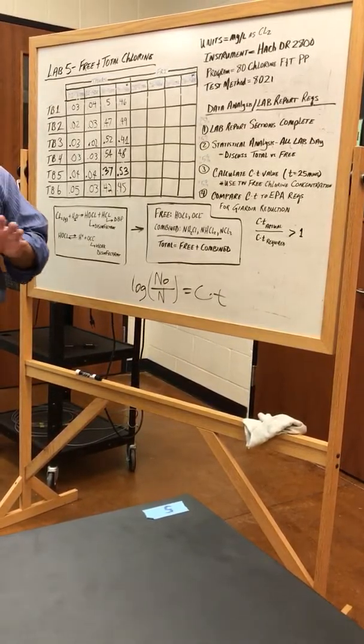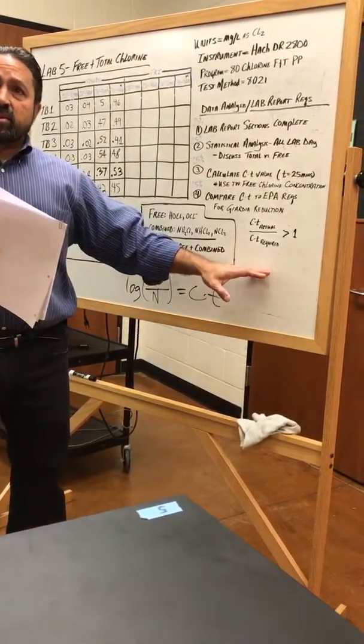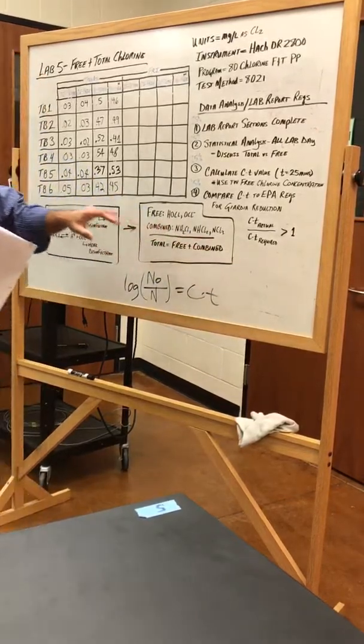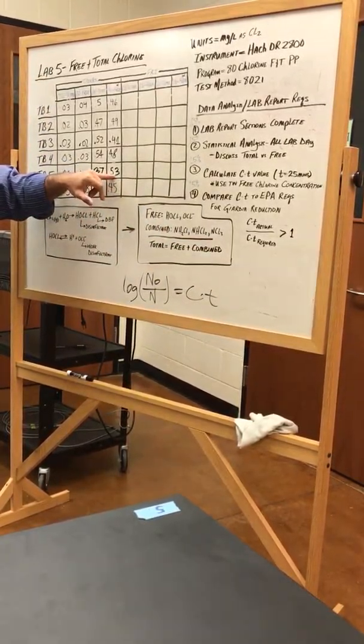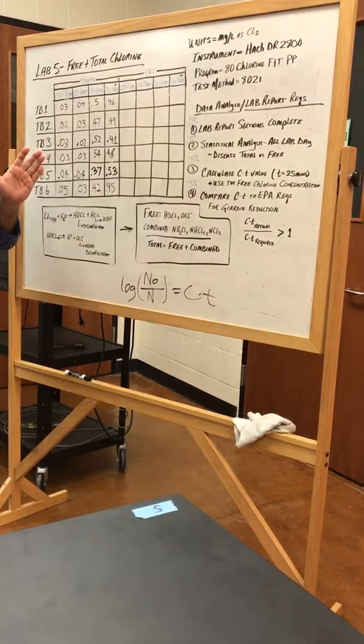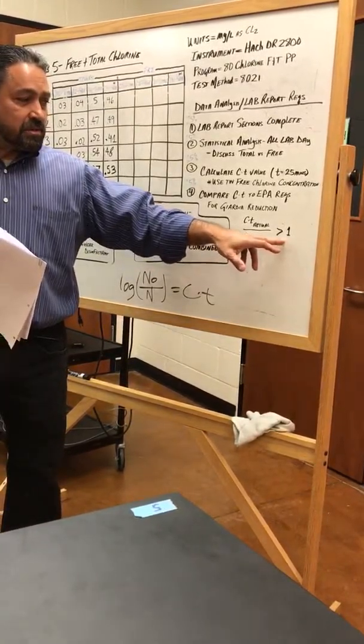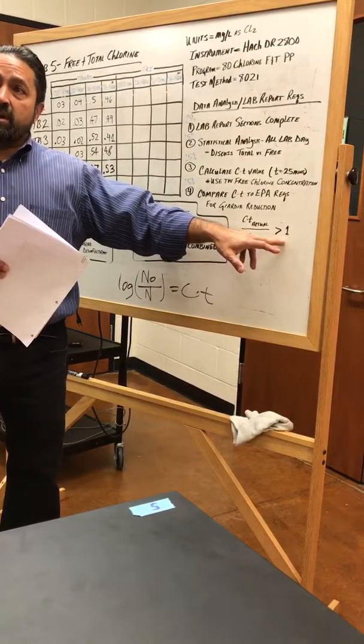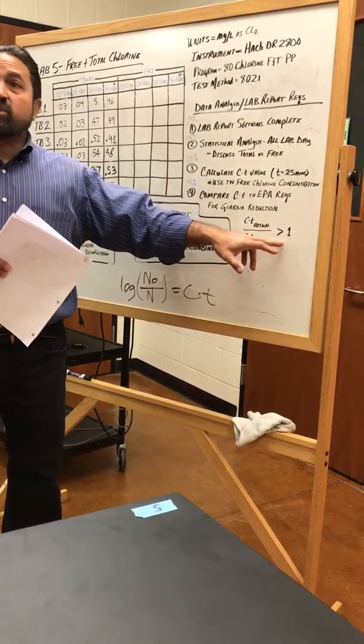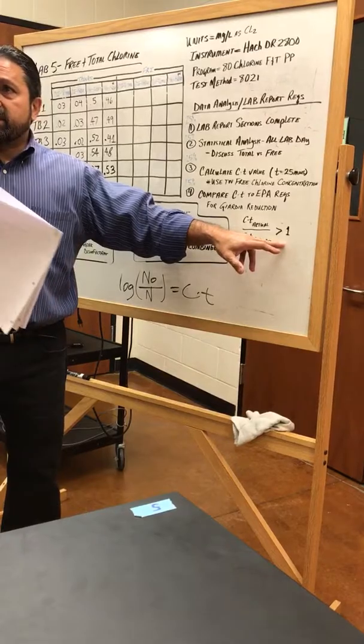So you would compare that 12.3 milligrams per liter per minute to the number you got using your specific concentration times the time. And that ratio is what you're trying to see is either greater than or less than 1. You want it to be greater than 1, then you've met the EPA requirements.